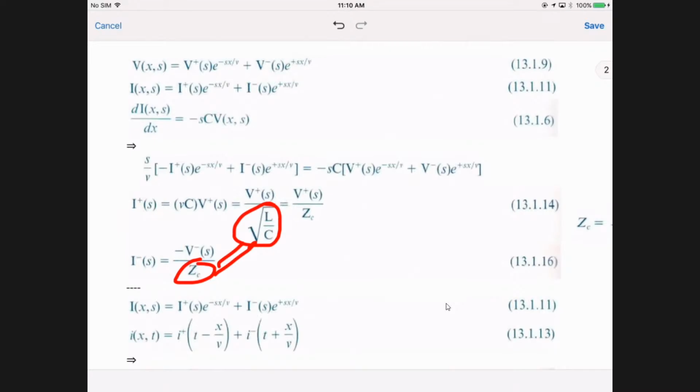We name it instead of always saying square root of L over C. L over C, the unit is ohm. That's why it's impedance.